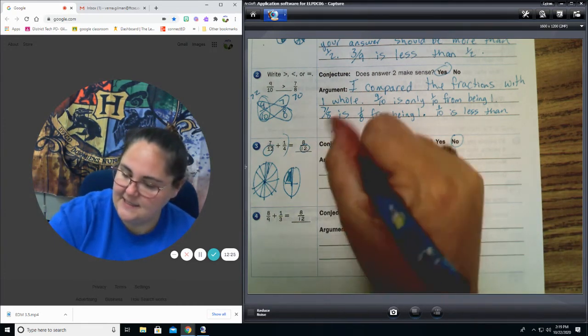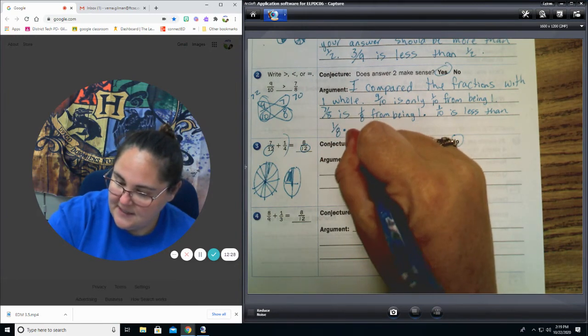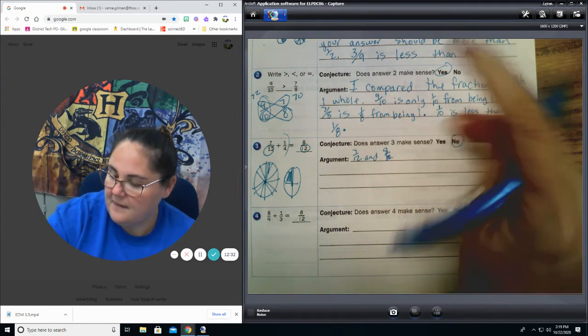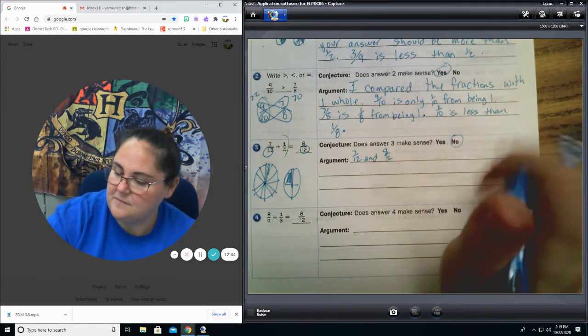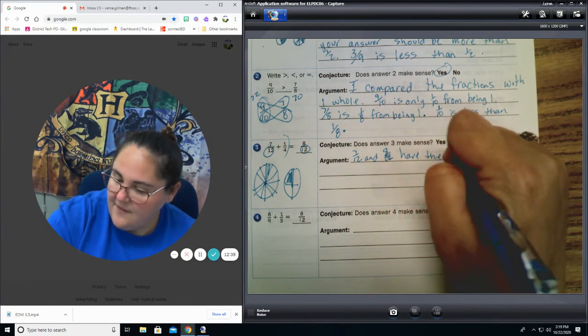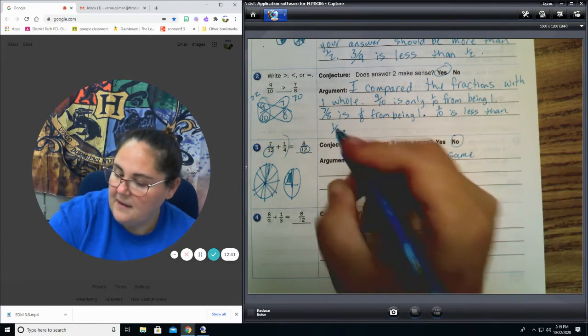Okay, so does the answer make sense? No, because 7/12 and 8/12 have the same denominator.